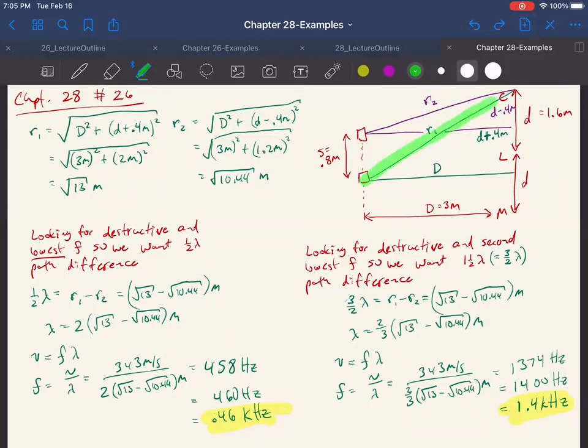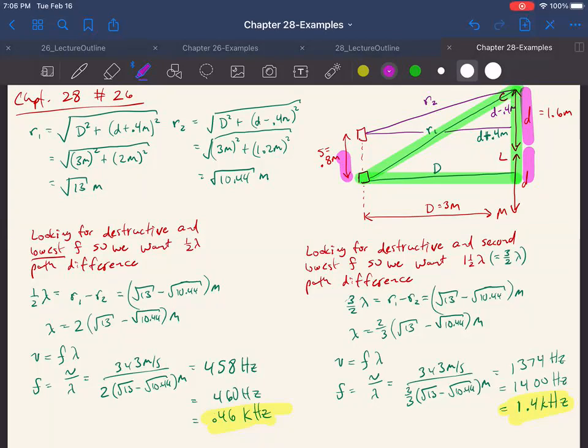Here, I said this was the distance from the bottom speaker up to Curly. I called it R1. And so it makes a right triangle with D. And then this little part here is going to end up being the length d plus half of this 0.8 meters right there.